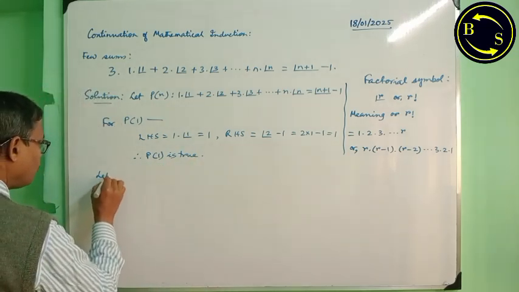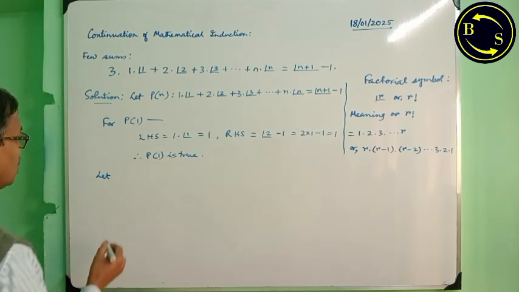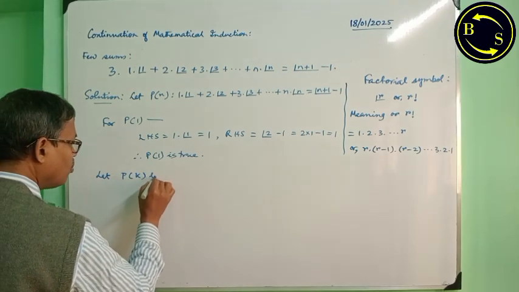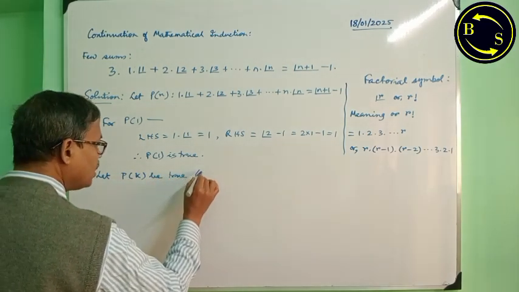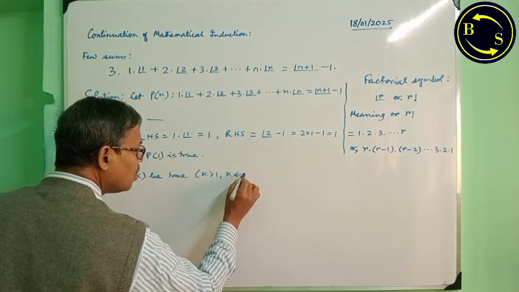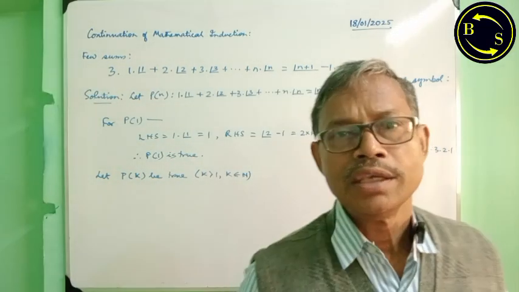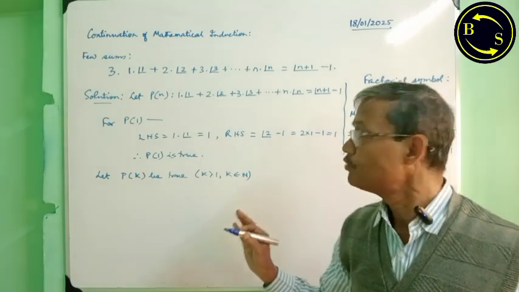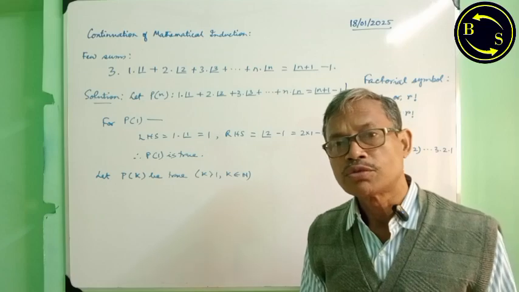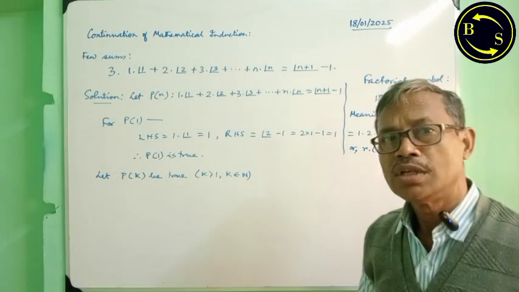Now, inductive step, inductive hypothesis. Let Pk be true where k is greater than 1, k a natural number. I suggest students follow the steps strictly. I have seen in various books that, according to me, steps are not done properly.